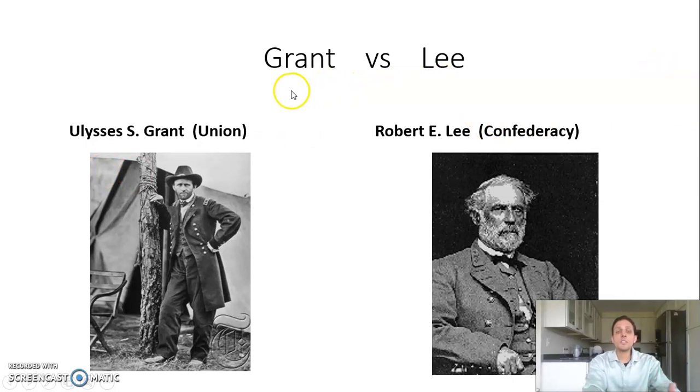And Grant starts his career in the Civil War out in the Western theater. And he wins a lot of victories out in the western part of the war, and he does so well that Lincoln decides to move him into the Potomac theater, where Robert E. Lee is leading his military and leading the Confederacy. And that's where Grant and Lee are really going to square off here in the years of 1864 and 1865.